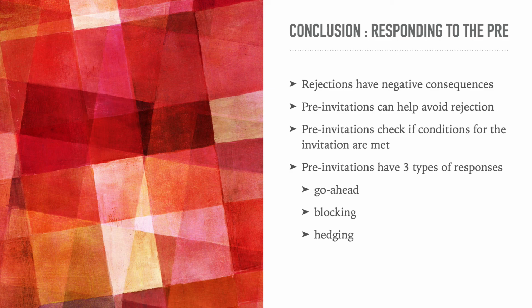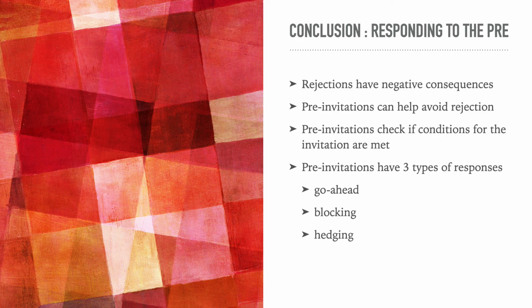Now, in conclusion, rejections have negative consequences, but pre-invitations can help us avoid those negative consequences, because pre-invitations check if the conditions are met. Is this person busy? Might this person say yes? Or might this person say no?